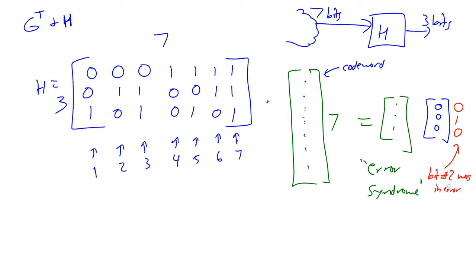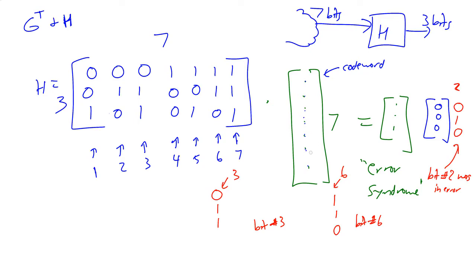Whoa, are you serious? Yeah, because that is the binary number 2. If my error syndrome is 011, that tells me it was bit number 3 that was an error. If my error syndrome is 110, that tells me that bit number 6 was the one in error, because that is the binary number 6, and that is the binary number 3, and that is the binary number 2, and that works for any of them.